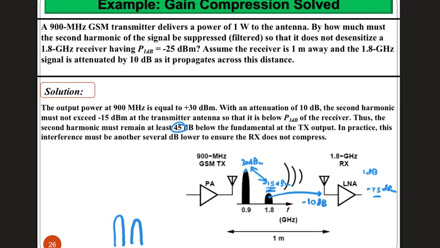The band pass filter will try to do something like this. It's going to drop this guy to a certain desired level so that it does not cause the interference. So I need to know how much my filter needs to drop the harmonic. That's why you always need to compute this relative relation. Okay?